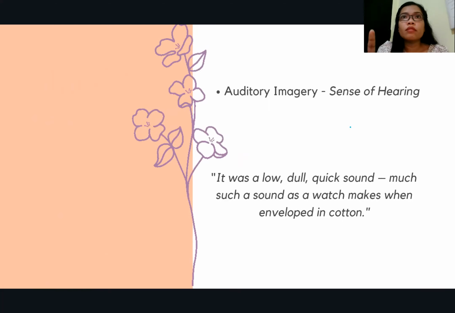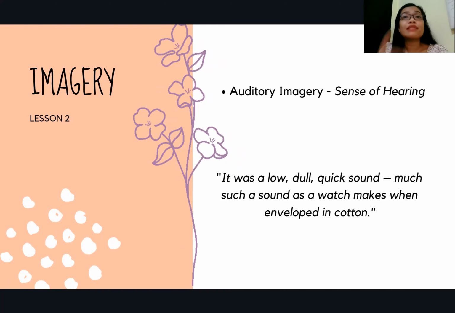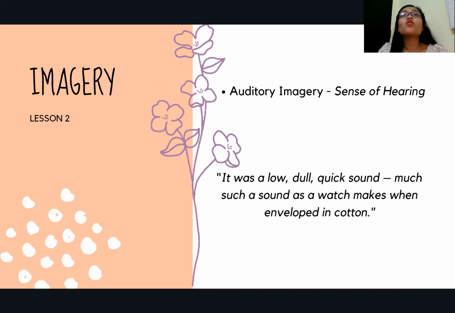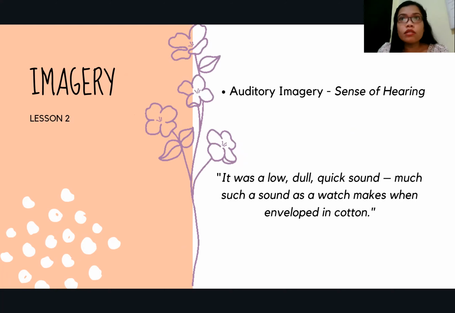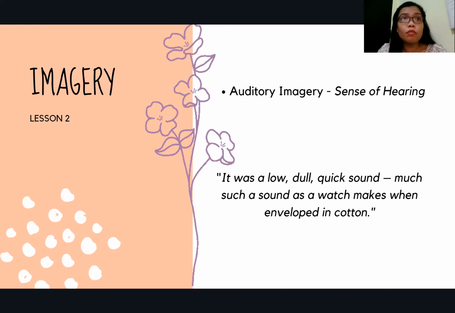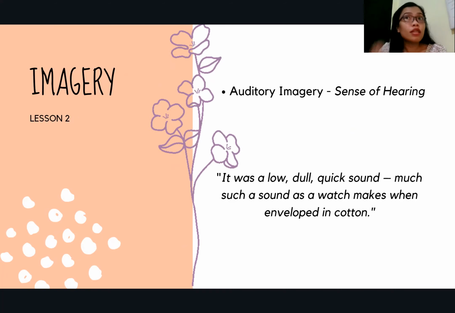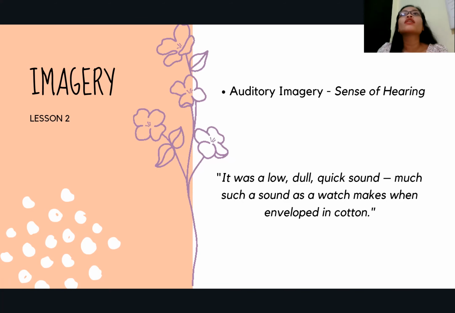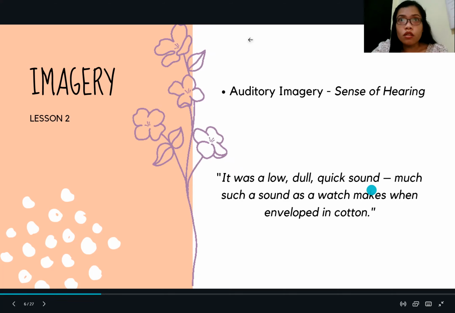Next one, the auditory imagery, the sense of hearing. So here in the sentence, it was a low, dull, quick sound, such a sound as a watch makes when enveloped in cotton. Okay, class? So that is an example of the auditory imagery or the sense of hearing.